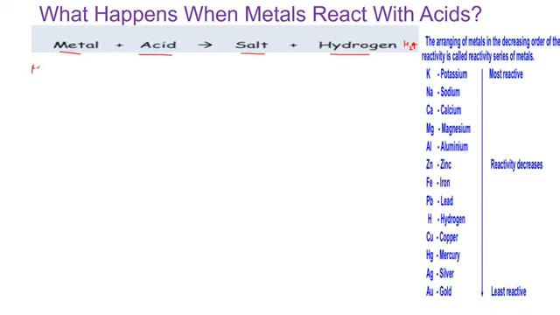Magnesium plus acid. In this case, these acids should be dilute, and the acids that we are going to take will be dilute HCl and H2SO4. These are the acids we are going to take in these reactions, right? Salt and hydrogen gas will be liberated.